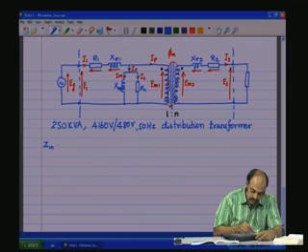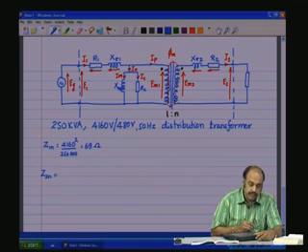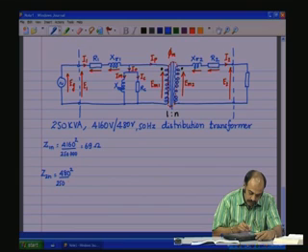Z1n base is nothing but 4160 square by 250 kVA, which is 69 ohms, and Z2n, that is the base resistance of the secondary side, is 480 square by 250 kVA, which is 0.92 ohms.